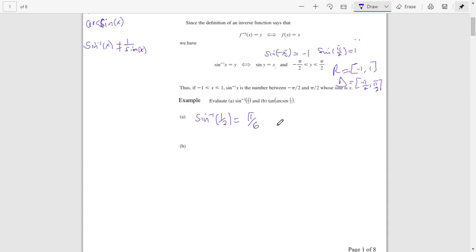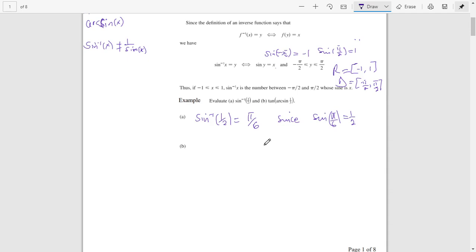In degrees, this will give you 30 degrees. This is because sine of pi over 6 is equal to 1/2.